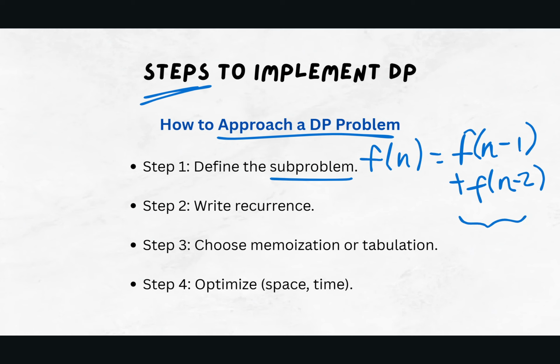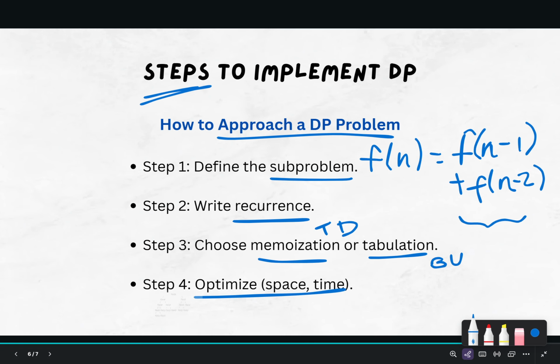So first we will define that. Then we will write the recurrence function. Then we will choose if we want to use memoization, that is the top down approach, or tabulation, which is the bottom up approach. And lastly, we will optimize either space or time depending on what our problem is and if it is optimizable or not. Okay. So these are the steps to implement DP.